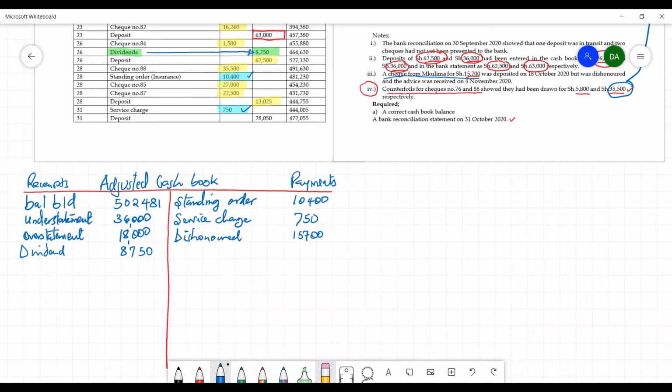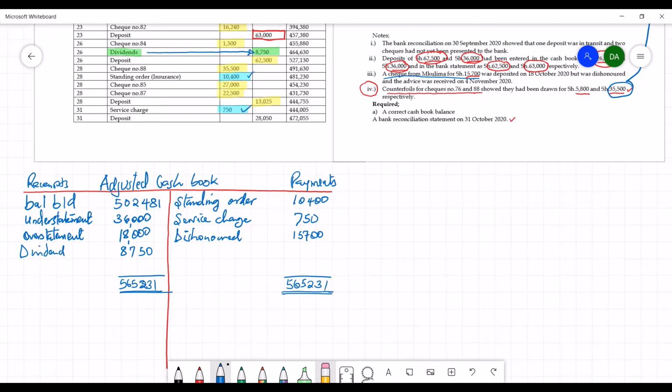Now, with this, we are required to balance off the cash book and get a new balance carried down. And if we balance off the cash book, we are going to get the highest total on the debit side. And that highest total is 565,231.